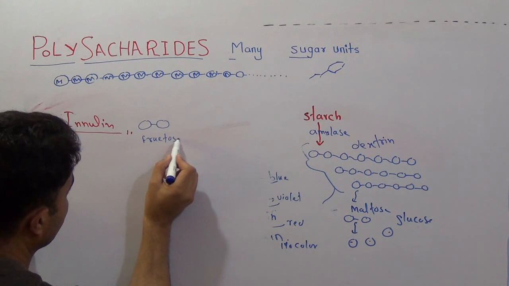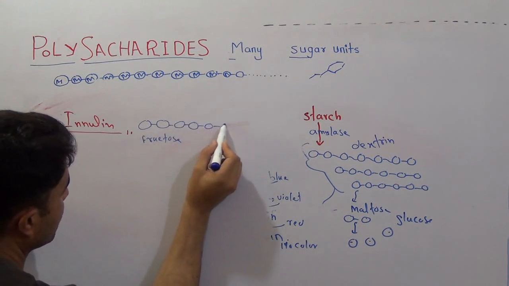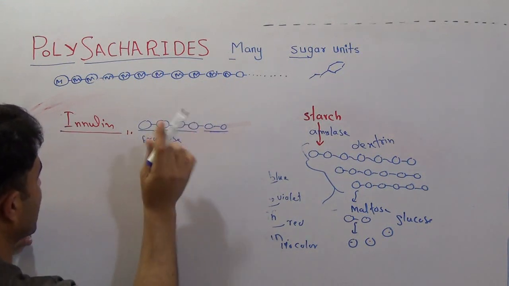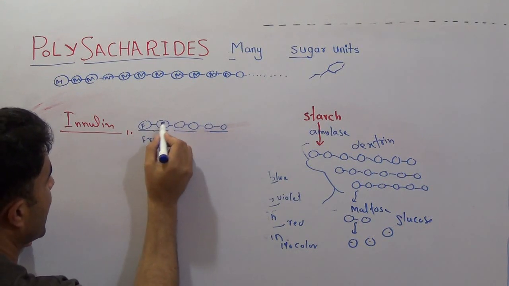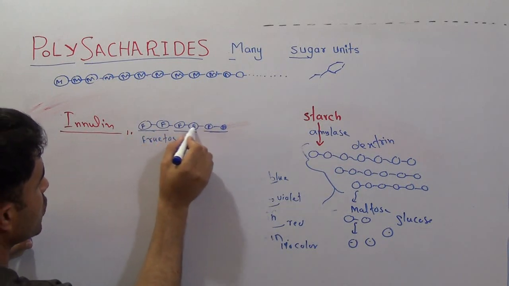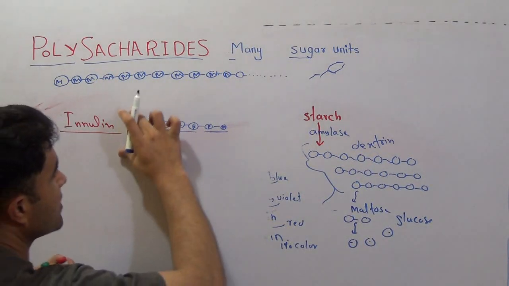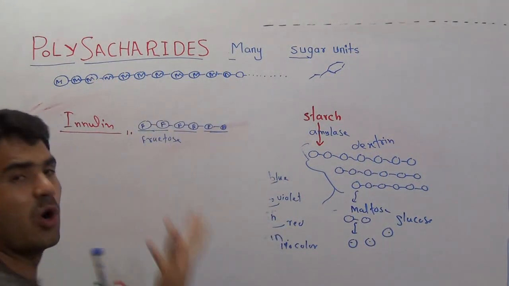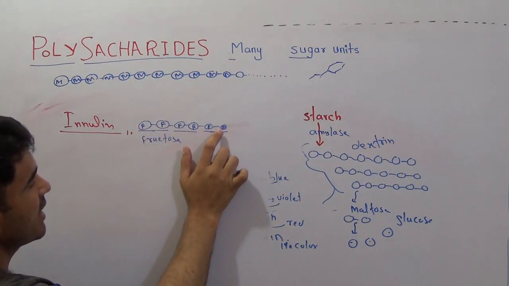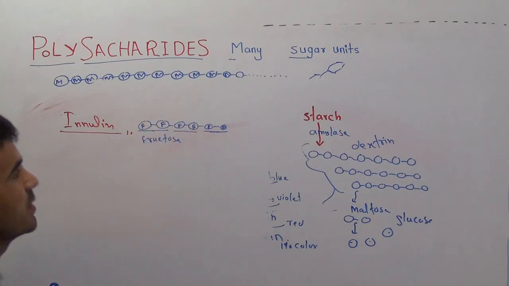Fructose, fructose, fructose. So many fructose combined together, not glucose, then we get a polysaccharide. Of course it's a homopolysaccharide because the units are the same. So this kind of polysaccharide made by repeating units of fructose is called inulin.